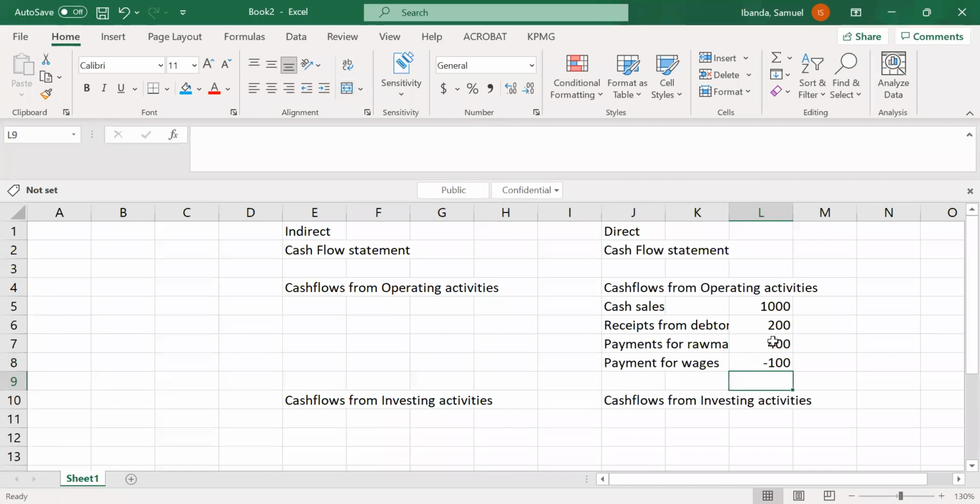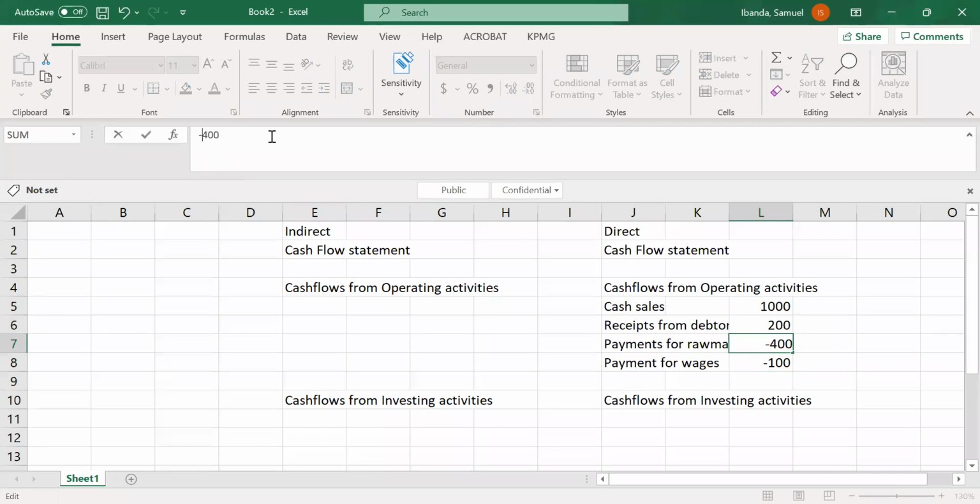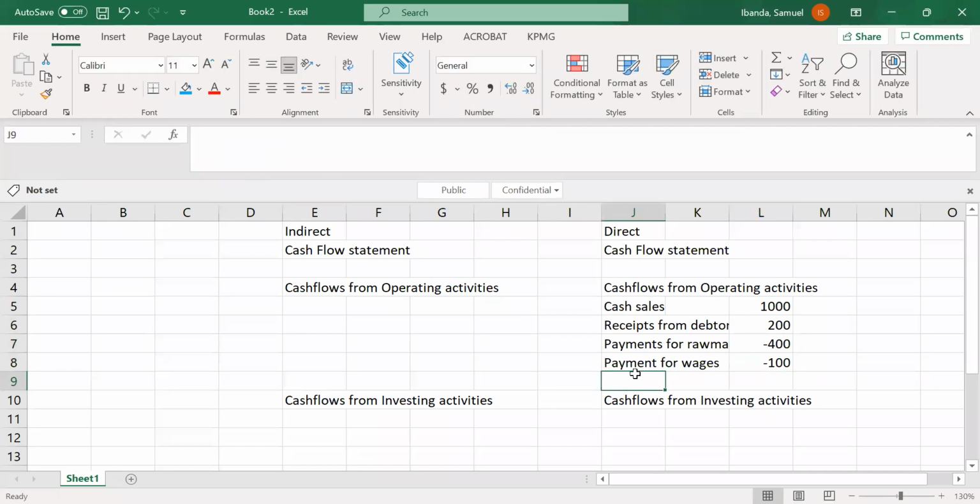As we can see, whatever cash is coming in is recorded as positive, and this is negative because cash is moving out. So we're able to list all the cash inflows and everything that brings in cash relating to operating activities, and anything that takes out cash as well. At the end of the day, we should be able to get our net cash flows from operating activities.